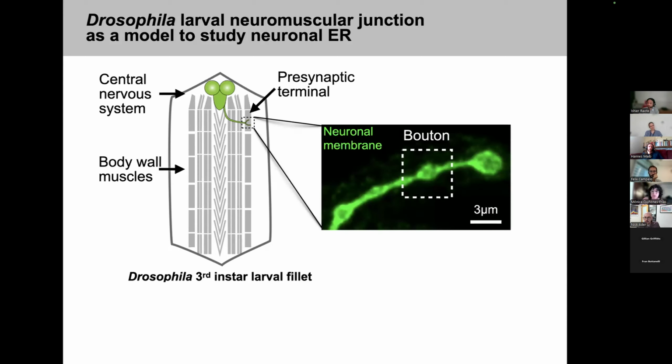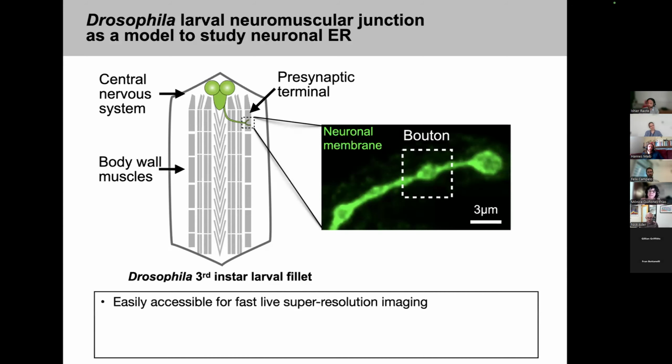There are many advantages to using this system to study neuronal ER, such as that it's easily accessible for live super resolution imaging, which I'll show you today. It's also about 10 times larger than mammalian central synapses, and being a glutamatergic synapse, it's a good model for these. And you can imagine ER tubules are very thin and small, so this allows us to visualize these structures more easily.